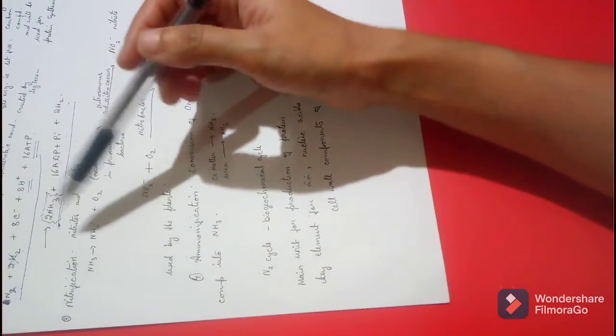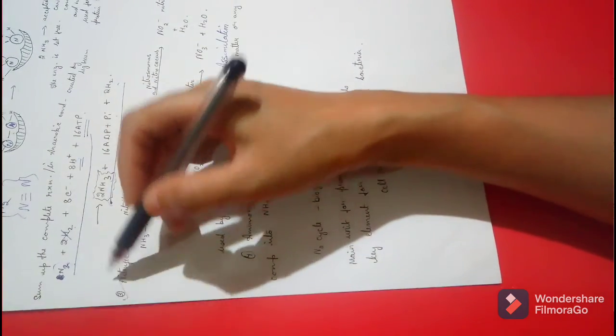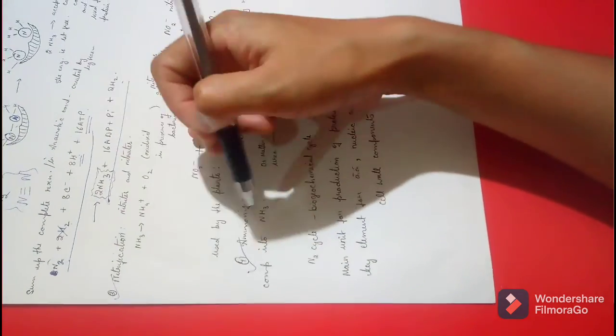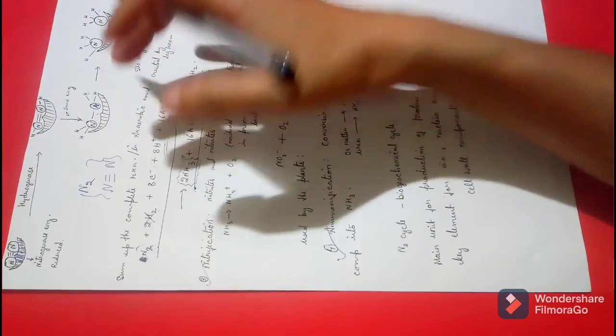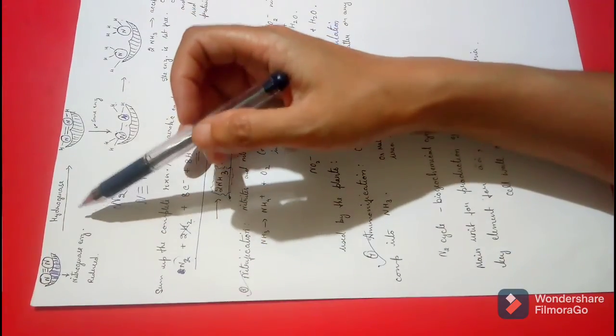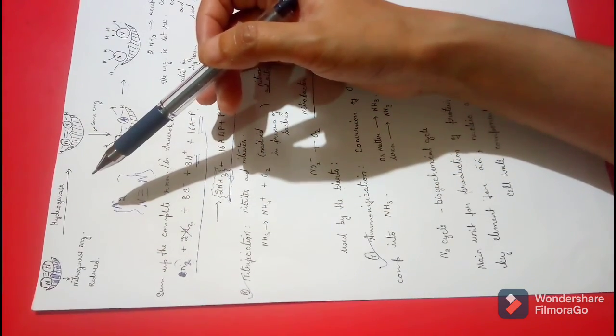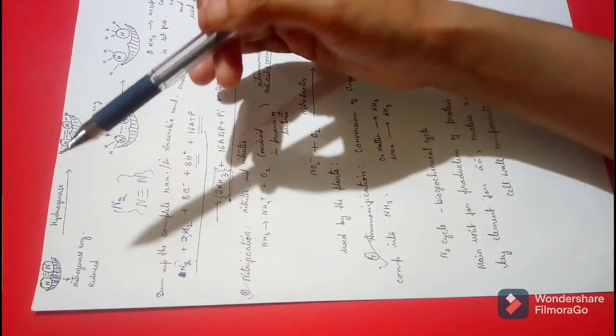So this nitrogen cycle consists of many different steps, but for your syllabus you don't need to remember all these things. I just mentioned them so that you will know. We just need to study the first step in the nitrogen cycle, that is nitrogen fixation. We need to know the role of the microbes.